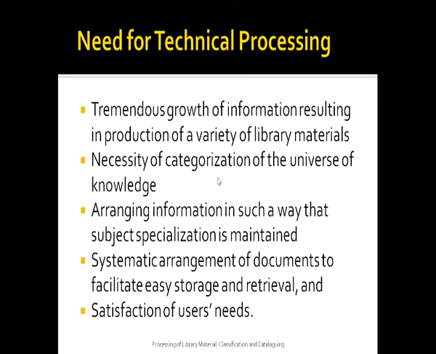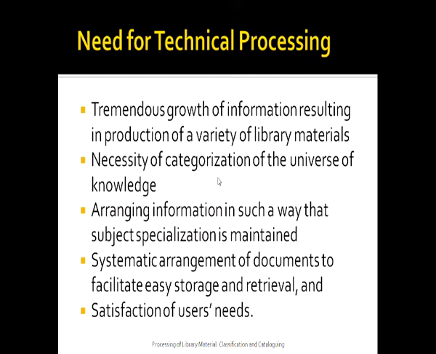Let us now take a look at what is the need for technical processing of documents. As you are all aware, tremendous growth of information resulting from production of a wide variety of library material has necessitated that we categorize the documents. So, there is necessity of categorization of the universe of knowledge. Then arranging of information has to be carried out in such a way that subject specialization is maintained.